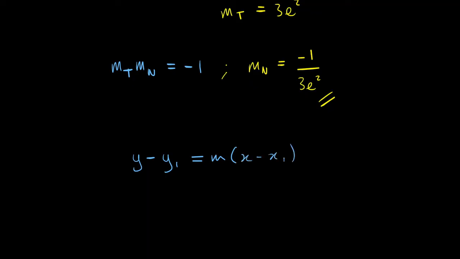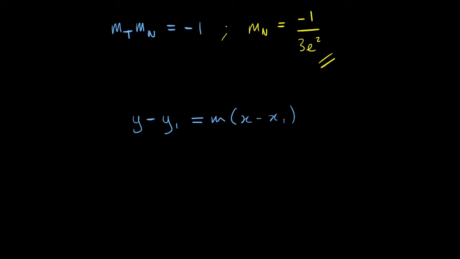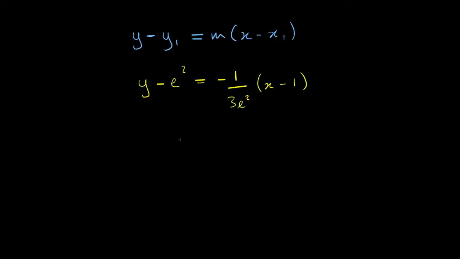If I substitute in, I get y minus e to the power of 2 is equal to minus 1 upon 3e squared, bracket x minus 1. Okay, and I maybe want to expand that. So y is equal to negative 1 upon 3e squared x plus 1 upon 3e squared plus e squared.